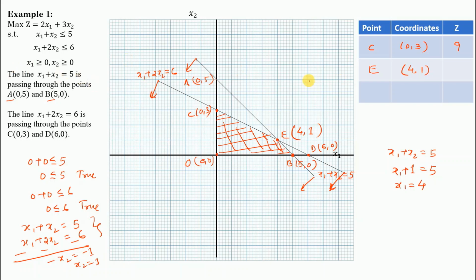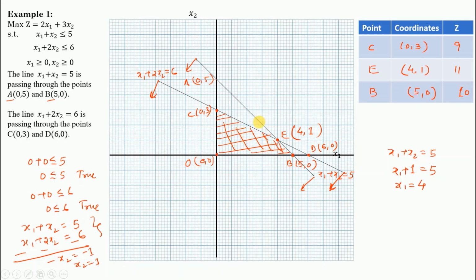So 2 times 4 is 8, plus 3, this is 11. Now at point B, the coordinates of B are 5 comma 0, so this is 10 only. So these are the values of z at the different points C, E, B.